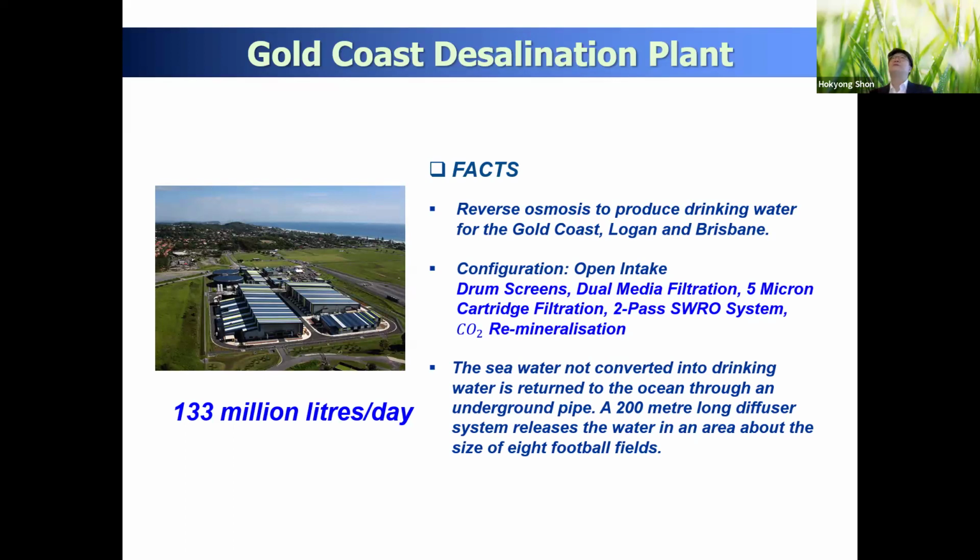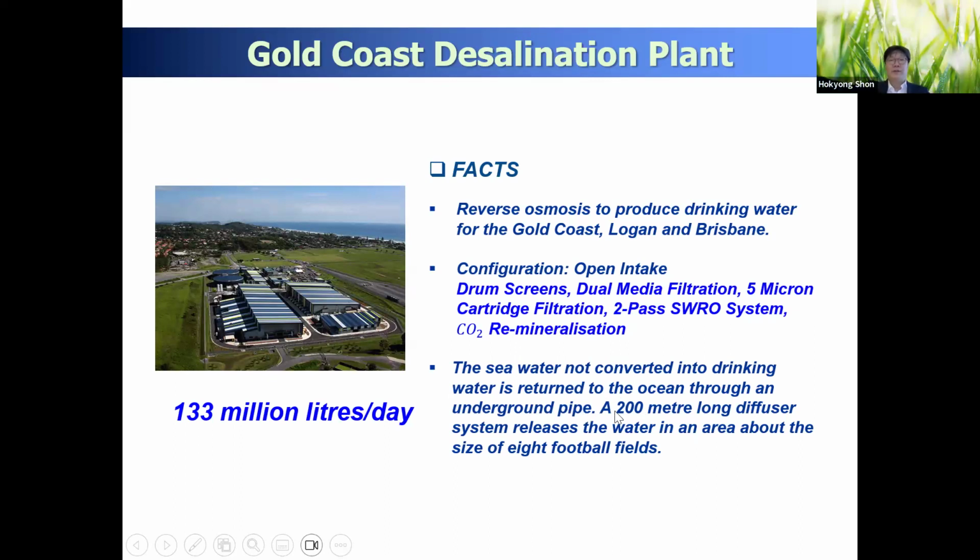So this is the process Gold Coast is working on. The seawater not converted into drinking water is returned to the ocean, which means brine. After you have desalinated water, the leftover has a very high concentration and is returned to the ocean through an underground pipeline.